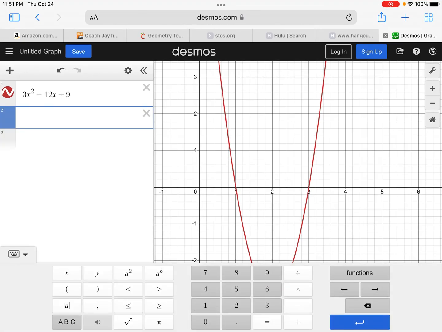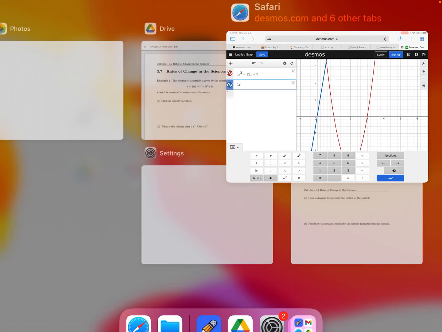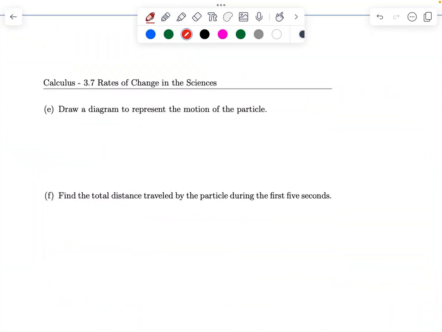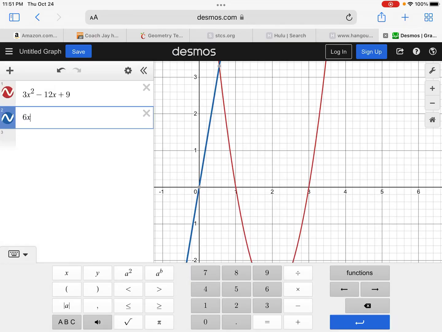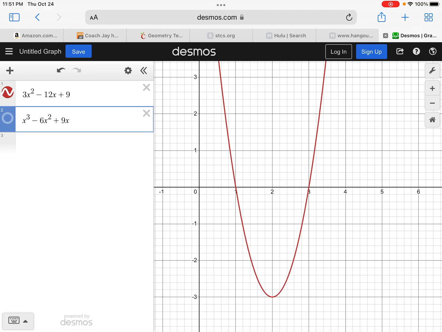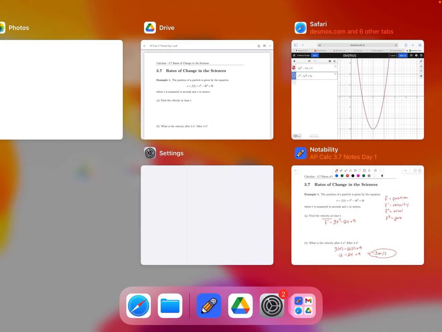What I could do is graph the position, which was t cubed minus 6t squared plus 9t, entered as x to the third minus 6x squared plus 9x.